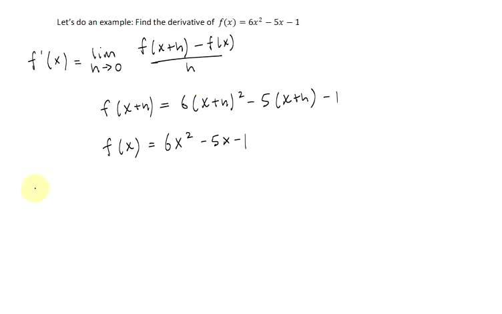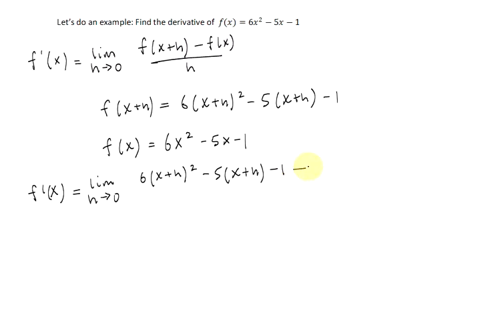So let's put all this together. The derivative f prime of x equals the limit as h tends to 0 of f of x plus h, which is 6(x plus h) squared minus 5 times (x plus h) minus 1. And then we subtract f of x.